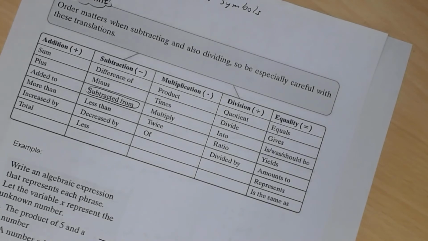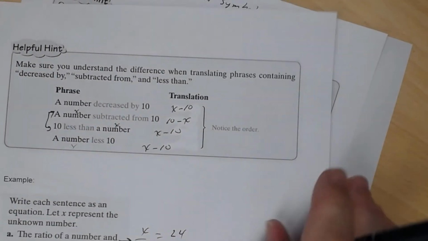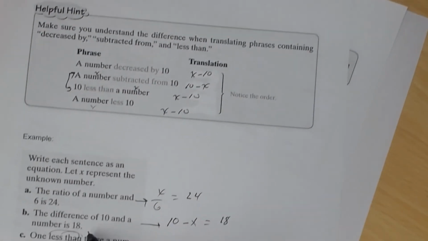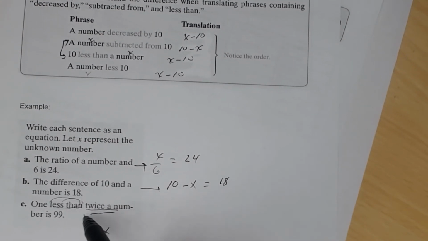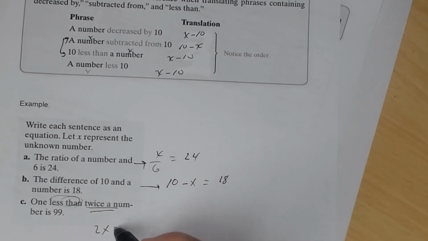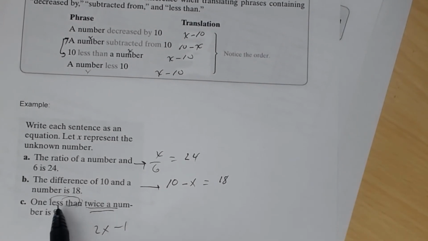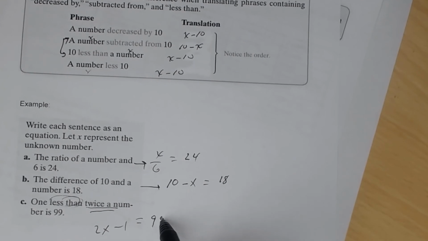So when I do this, 1 less than twice the number, so twice the number comes first, and then you're going to subtract 1. So that first part, 1 less than twice a number, is 2x minus 1. Is means equal, and then 99. Okay? All right, so those are your equations for this part.